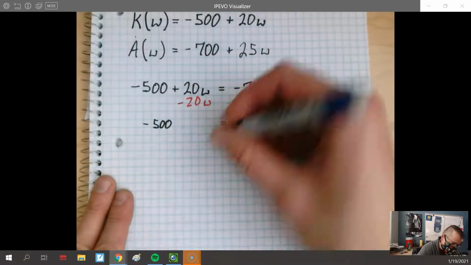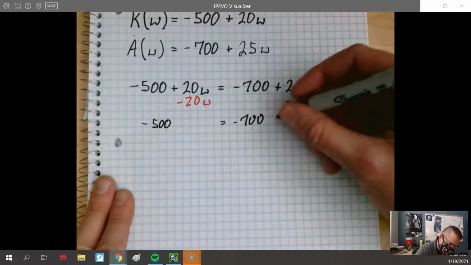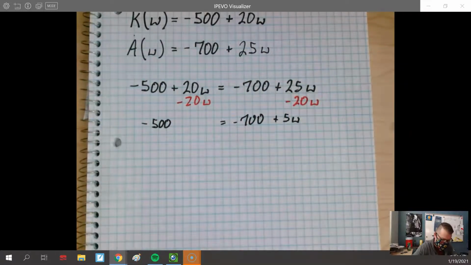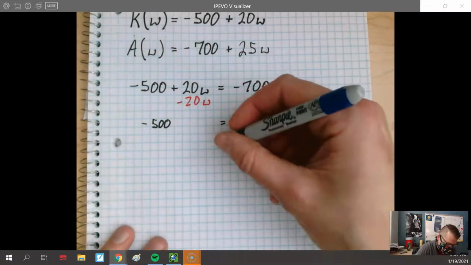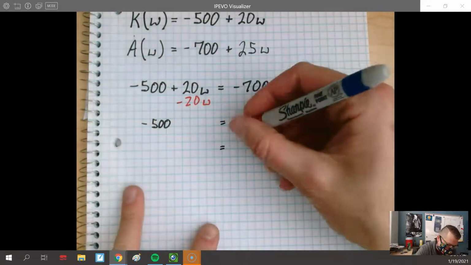Negative 500 is now alone over here. What would we do now if we're working towards isolating w? Add 700 on both sides.